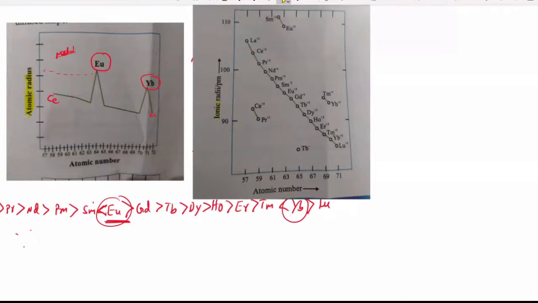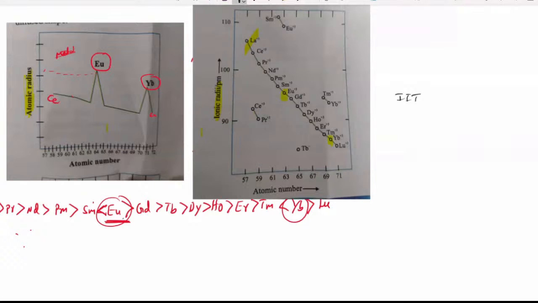If we consider the ionic radius, cerium is highest. Observe the logic. Europium and ytterbium become as usual only. If we consider ionic radius and atomic radius, that is why they will ask this question in the IIT examination. In atomic radius, europium is highest, but in ionic radius, europium is not. Cerium only is highest. Top to bottom as usual decrease.